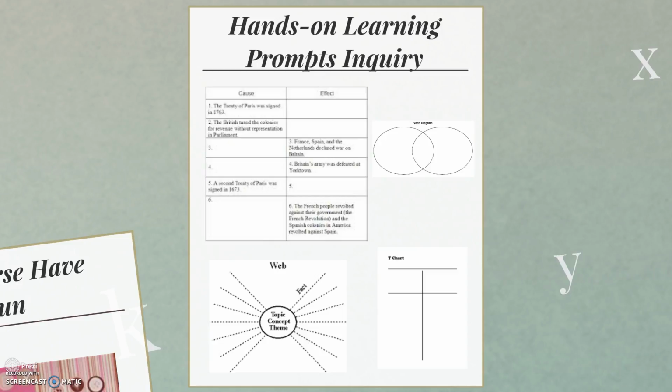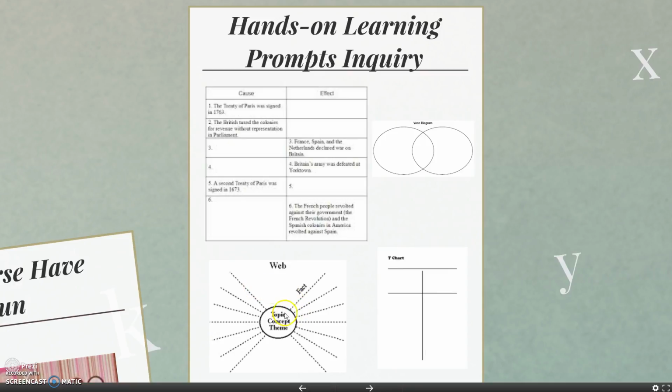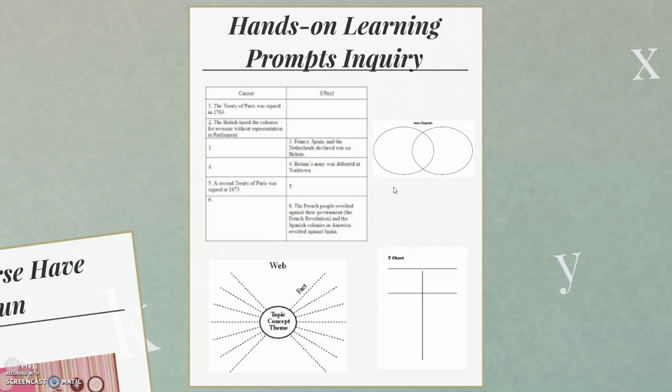This way, students get to look at all of these organizers and fill them out throughout the lesson so that they are all engaged and working together on hands-on activities, which prompts them to seek information about the content covered.